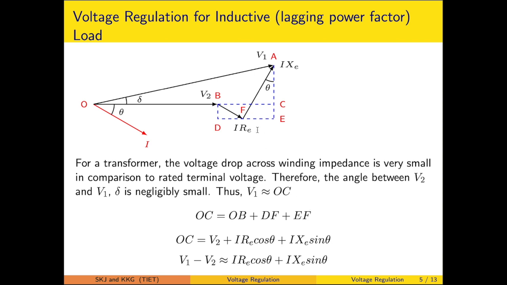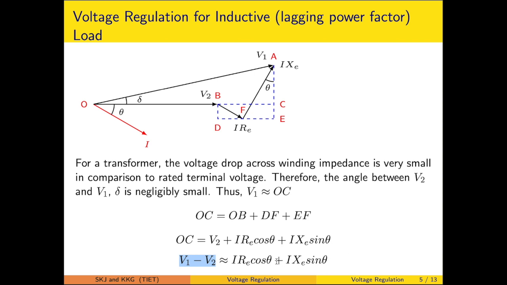Correspondingly, the DF component will be equal to I RE cosine theta, whereas the component EF will be equal to I XE sine theta. So this is the arrangement for the OC. The difference between the input and the output voltage will be I RE cosine theta plus I XE sine theta.